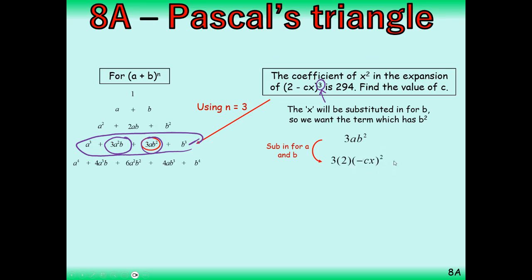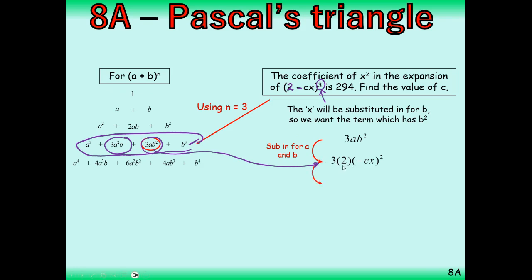So you're using a bracket here, and that minus sign goes with the second term. Obviously the sign comes after the 2, so it doesn't belong to the 2. It belongs to the cx. So we're going to square that, and we are taking this term. That's why we put in an extra 3 at the front.